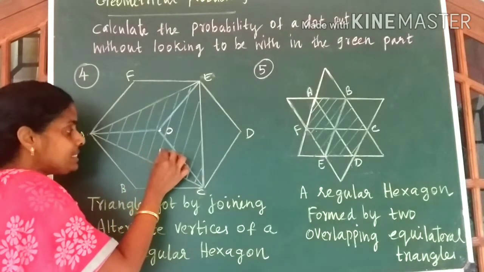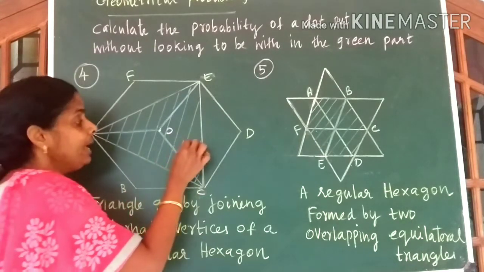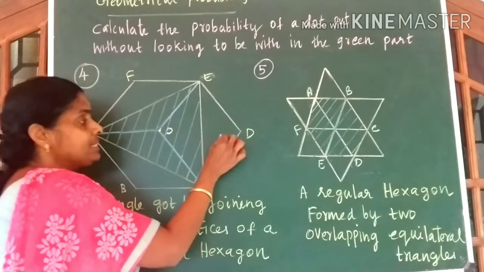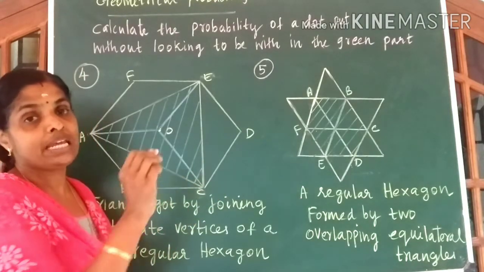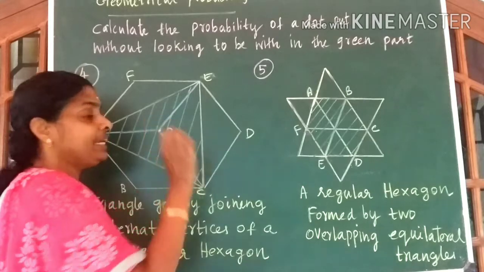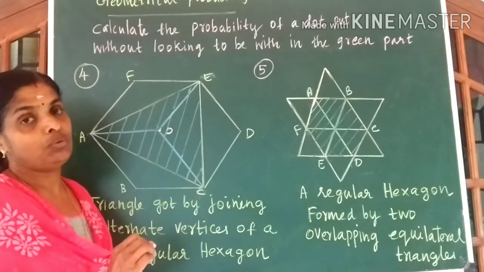Similarly, this shaded part and unshaded part are of equal area, and this shaded part and unshaded part are of equal area. So, probability of a dot being put within the shaded portion will be equal to 1 by 2.